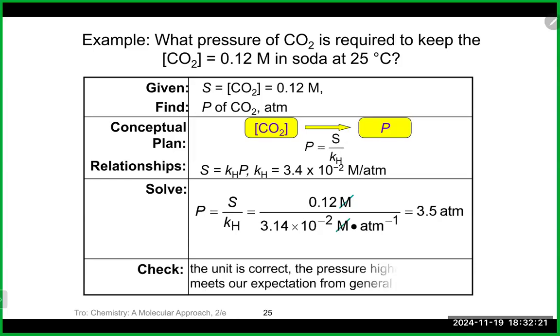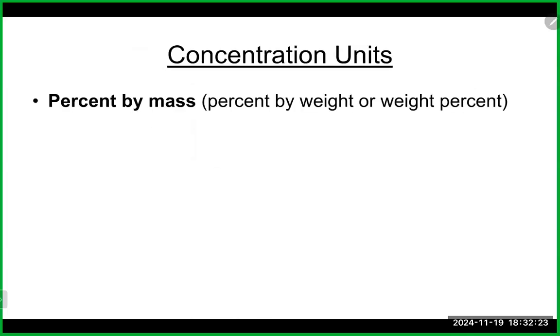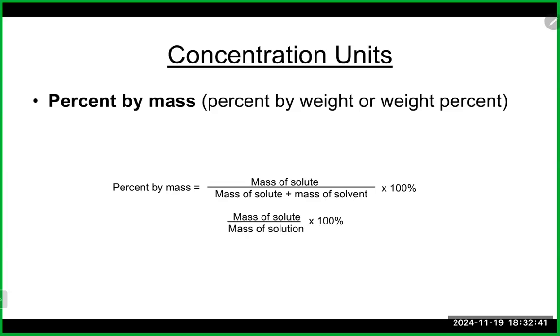All right, so here's kind of the review part of the program. We've talked about this in the chapter where we did concentrations. One of the concentrations we talked about is percent by mass, or mass percent. That is the mass of the solute divided by the mass of the solution times 100%.